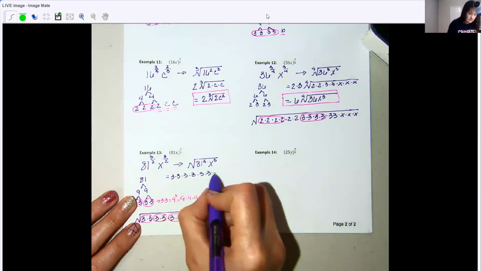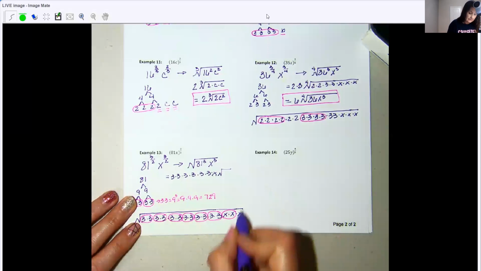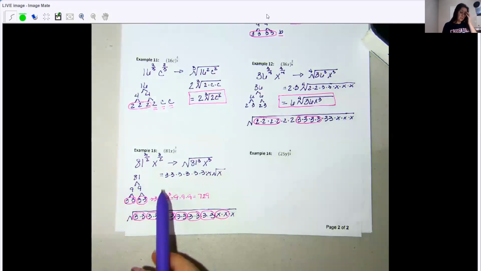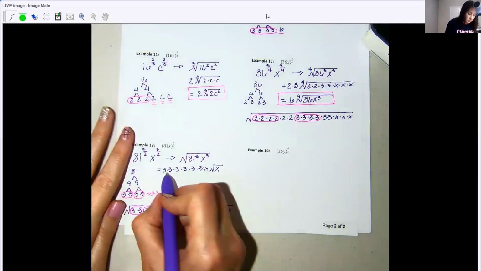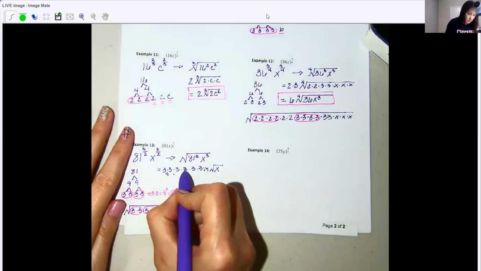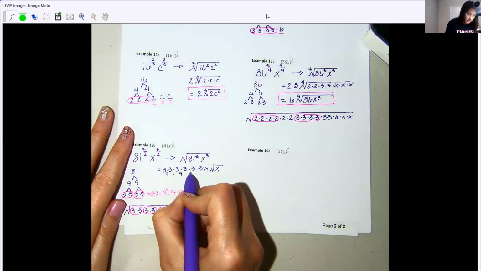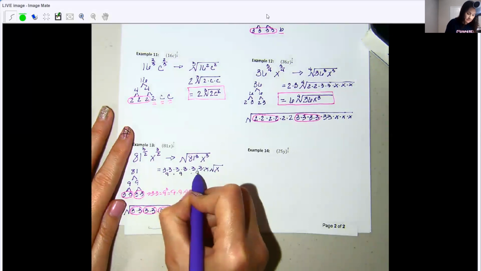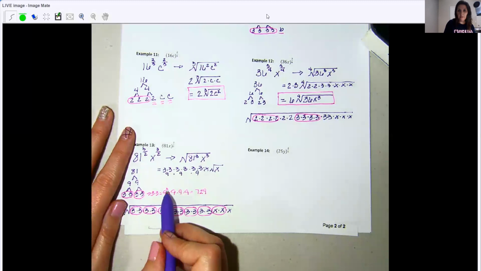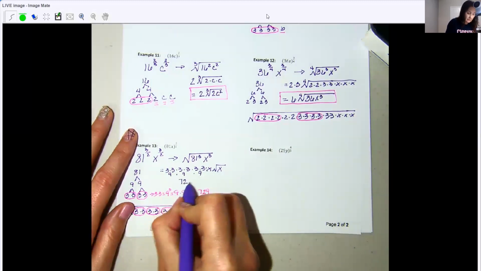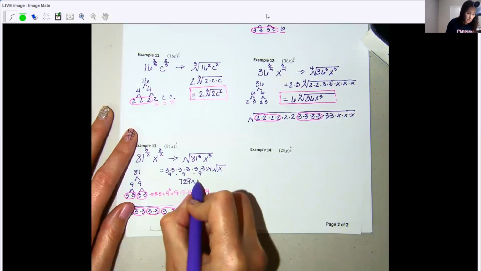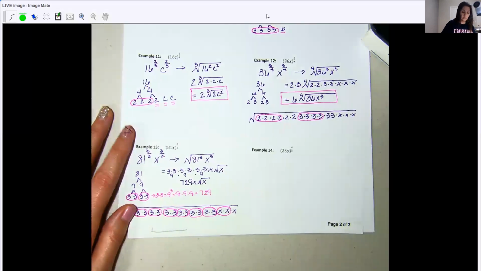One x, and then there is an x left over. Okay, so let's see what this comes out to. We have 3 times 3 is 9. 3 times 3 is 9. 3 times 3 is 9, which is what we came out with down here, right? 9 cubed. So it is 729x square root of x as your final answer.